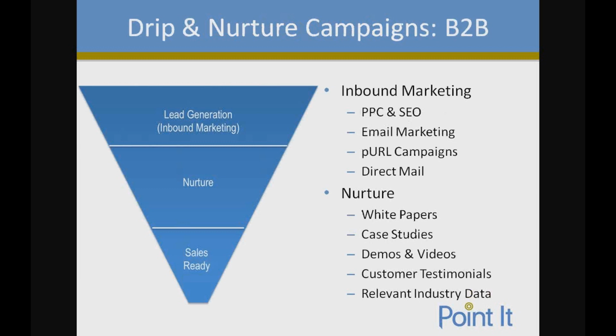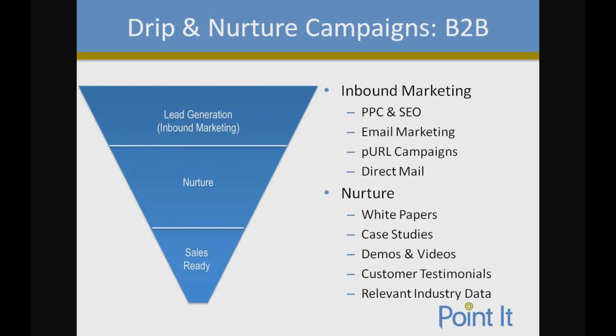So to give you some examples of some drip and nurture campaigns for a B2B audience, we've started out with some lead generation, some inbound marketing examples we've talked about: PPC, SEO, email marketing, PURL campaigns, direct mail are all popular forms of inbound marketing.